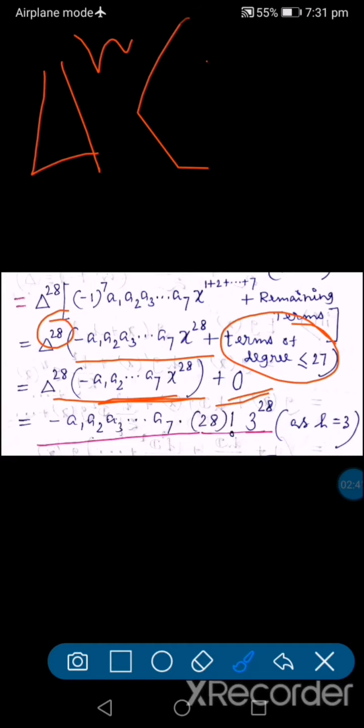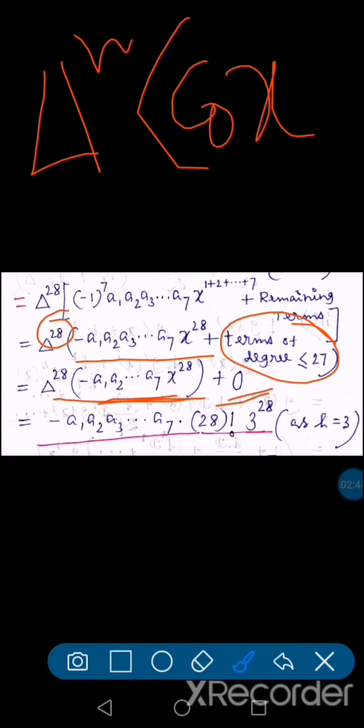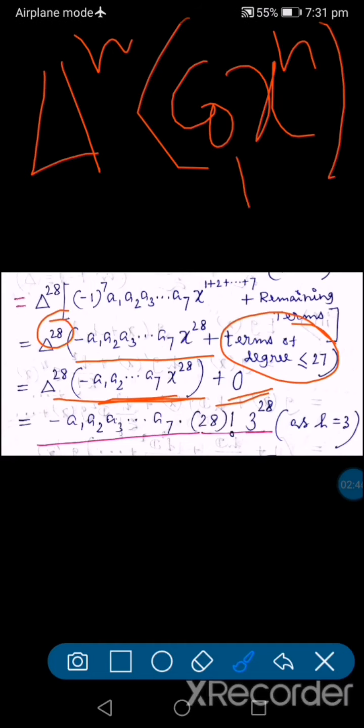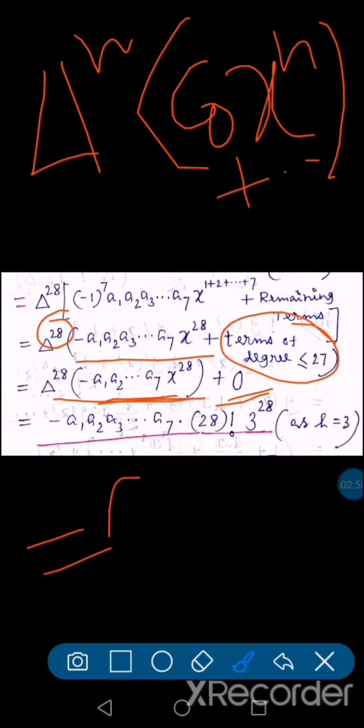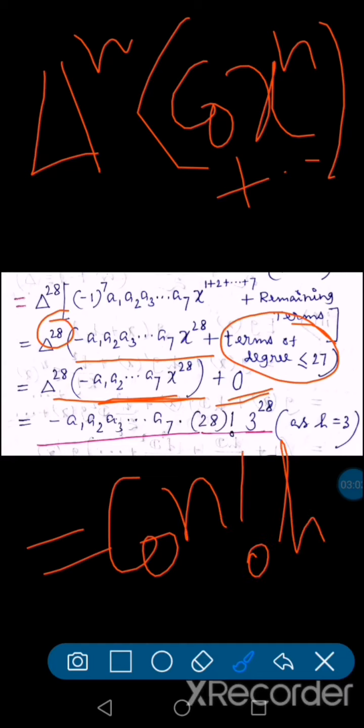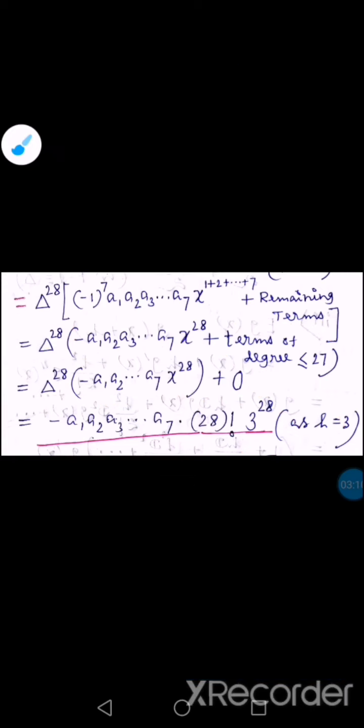We know delta n of some nth degree polynomial, in brief say c naught x to the power n, plus there may be terms of lesser degree. The highest degree term is c naught x to the power n, and delta n of c naught x to the power n is nothing but the constant c naught n factorial into h to the power n.